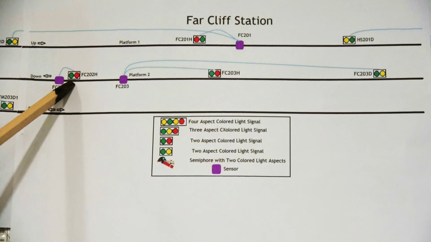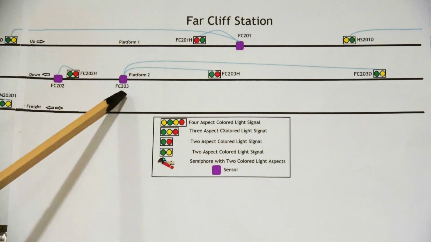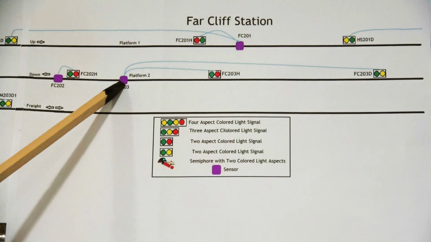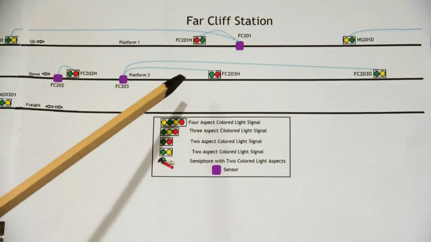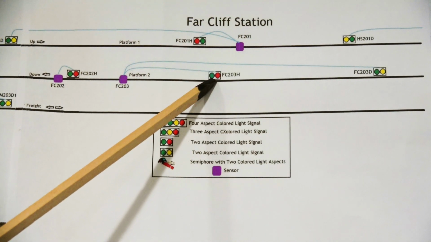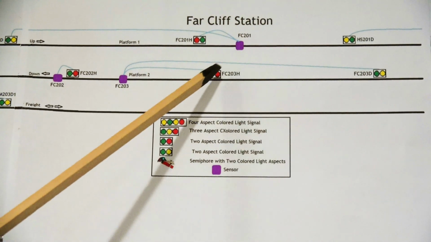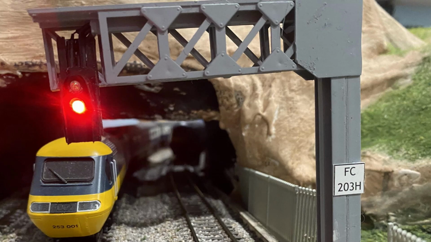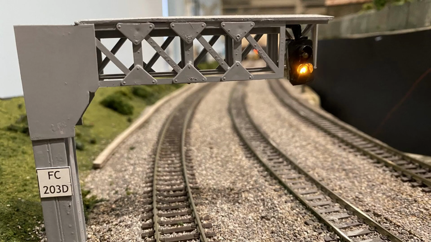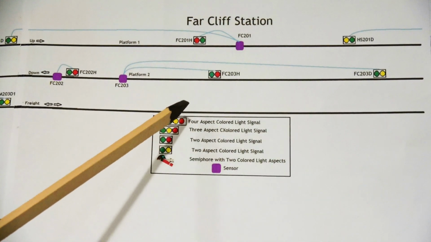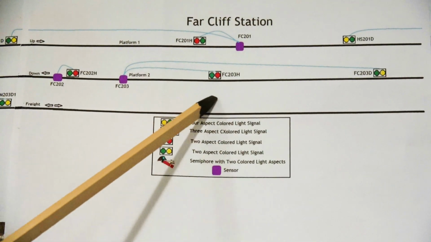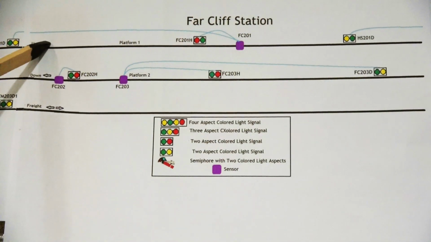It's green and red. Then I have another sensor on platform 2 that's mid-platform, and it controls a home signal and a distance signal that are on the Farcliffe Bank, and so on.